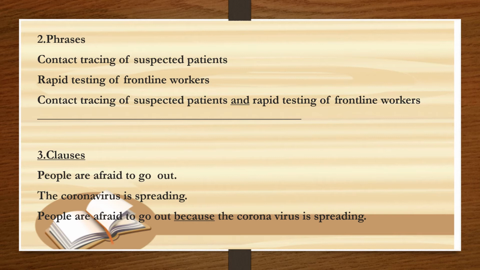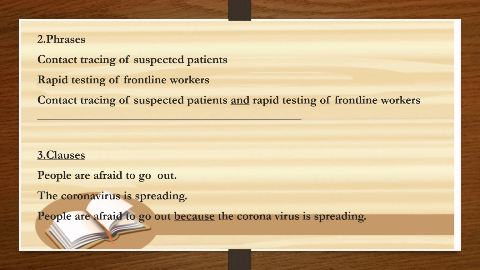We have contact tracing of suspected patients and rapid testing of frontline workers. So, we're going to combine these phrases. So, we have contact tracing of suspected patients and, as our connector or conjunction, then rapid testing of frontline workers.